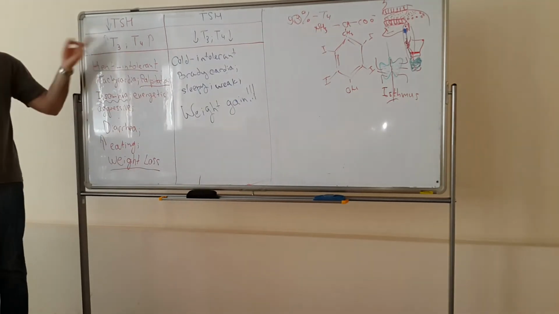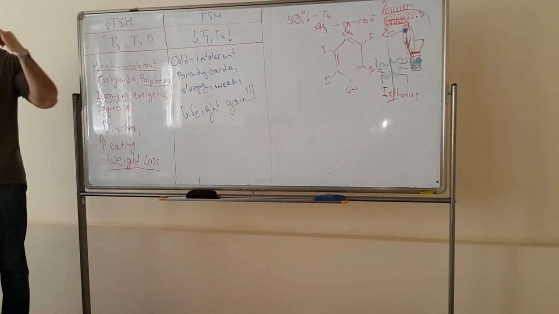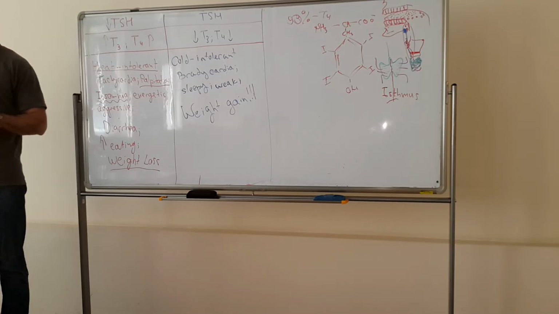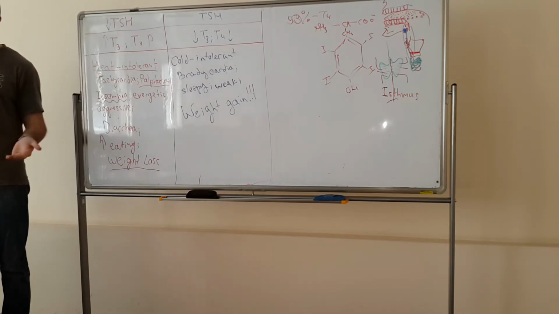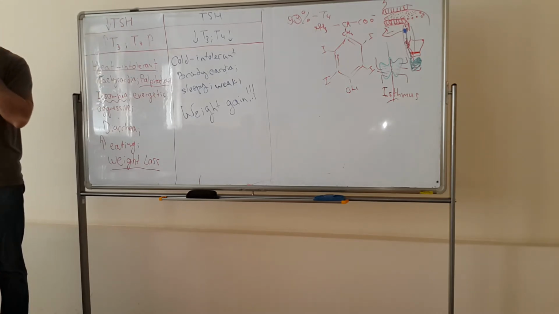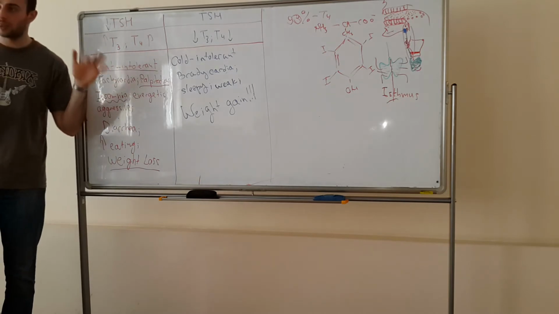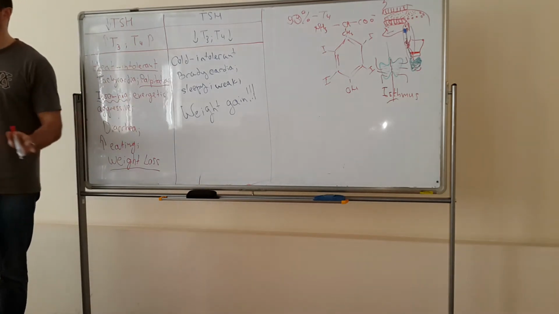So if you see high T3, T4, low TSH, it means that the pituitary is normal, but the thyroid isn't. So there's a problem in the thyroid. It usually is called secondary hyperthyroidism because primary guide is the pituitary, secondary guide is the thyroid. If the thyroid is okay, it only obeys the commands.